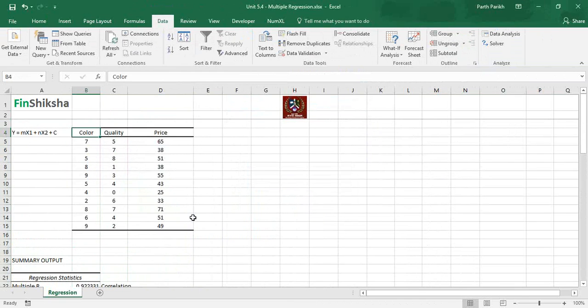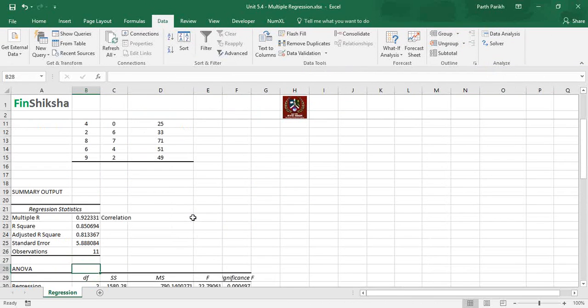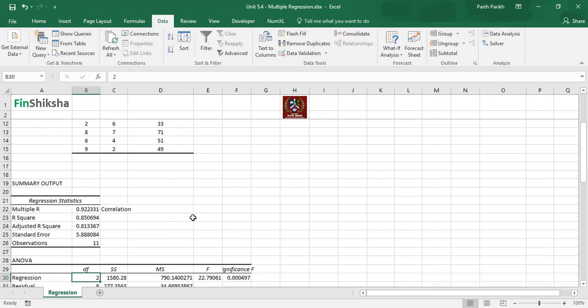So over here, the independent variables are color and quality. My R square has not dipped much, so I can simply assume that there is very little or almost zero correlation between color and quality, which are the two independent variables. I can also assume that standard error is not too high, so I can simply ignore that.